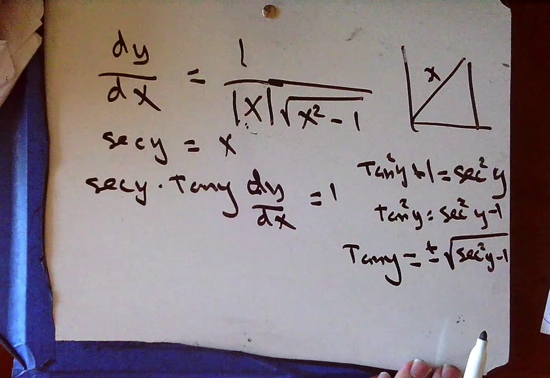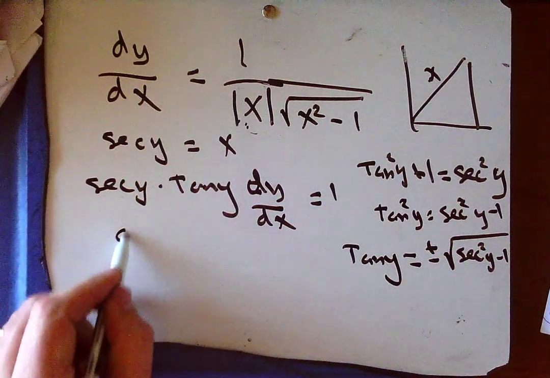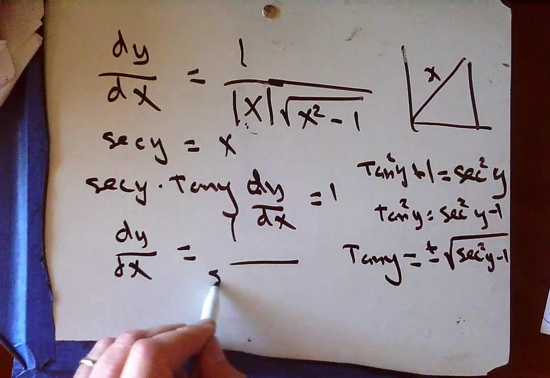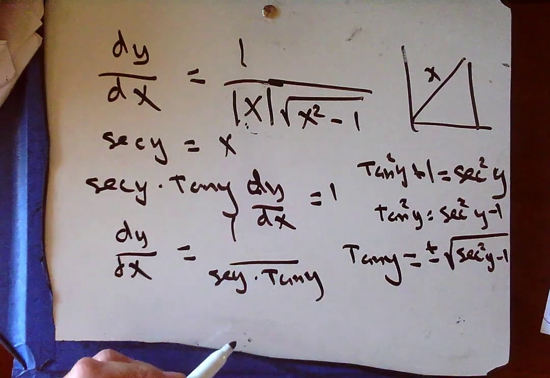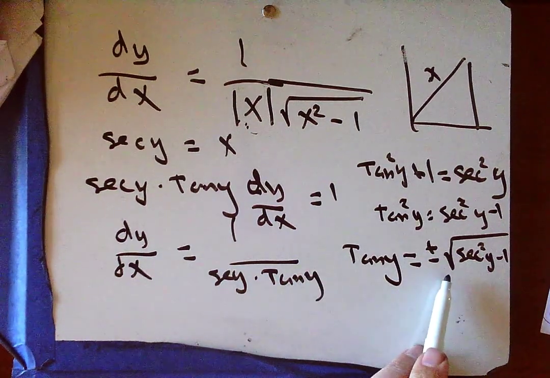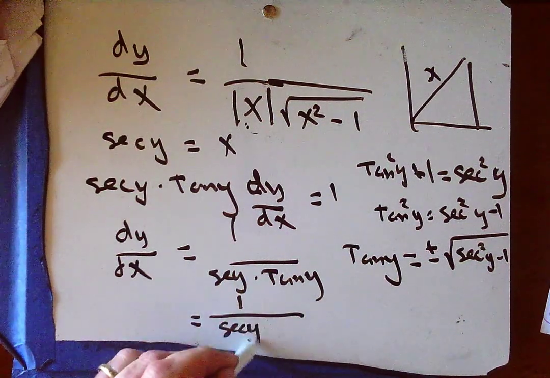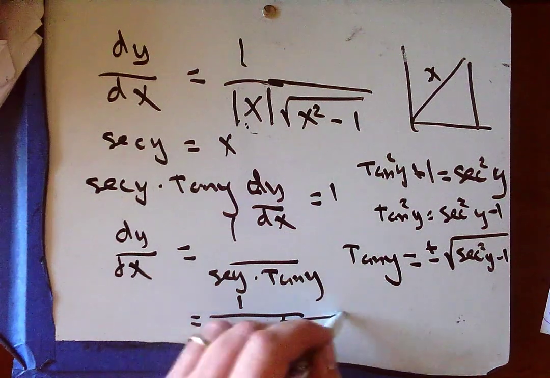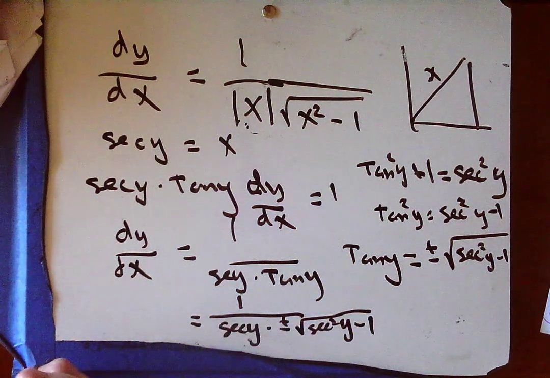Fabulous. Now what? Well, remember this derivative and how dy dx was equal to 1 over secant y times tangent y? Well, I now know what tangent y is. So this is going to be 1 over secant y times plus or minus square root secant squared y minus 1.